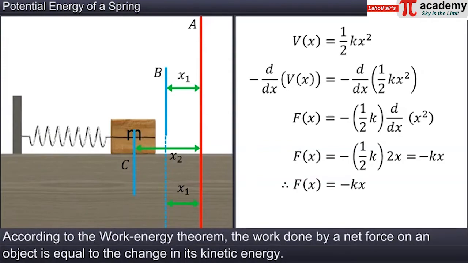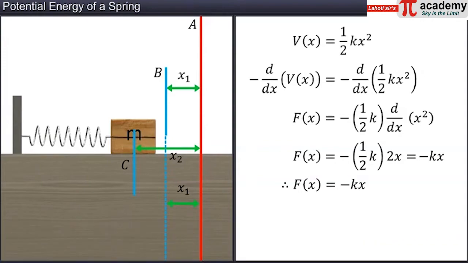According to the work energy theorem, the work done by a net force on an object is equal to the change in its kinetic energy. That is, F delta x is equal to delta K, where F is the net force, delta x is the displacement, and delta K is the change in kinetic energy.